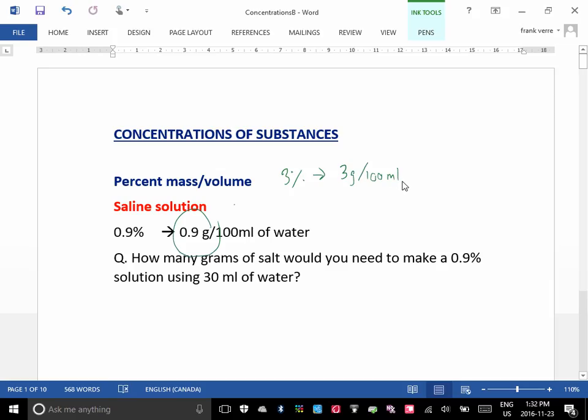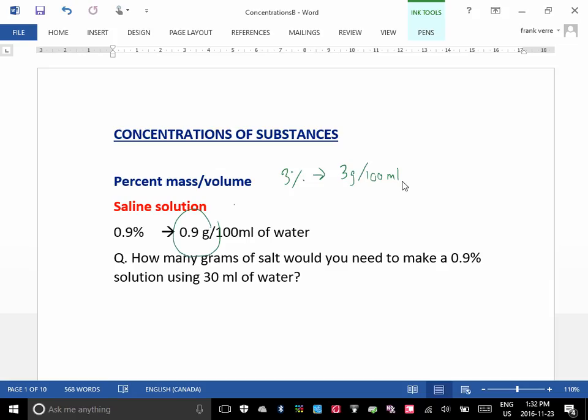So it's not the amount of the solvent in the solution. It's the amount of the solute in the solvent. But it's the amount in terms of mass over the volume of the solvent. The volume of the solvent is given as 100 milliliters.